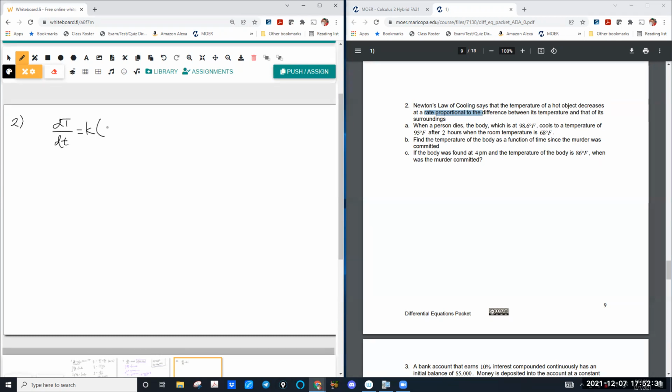The difference between the temperature of the object, that's our variable, and the temperature of the surroundings, which in this case is the temperature of the room. So this is a differential equation because the rate the temperature changes is proportional to the amount. Now, in this case, it's the difference between the amount and the temperature of the room, but it's still this idea of it being proportional. Any questions about that initial setup?